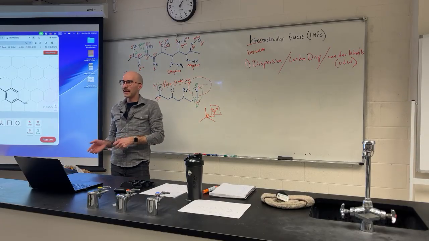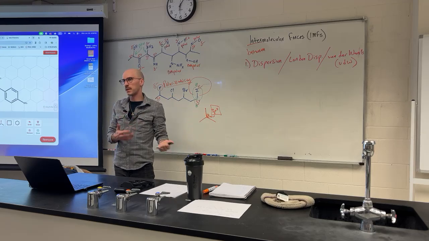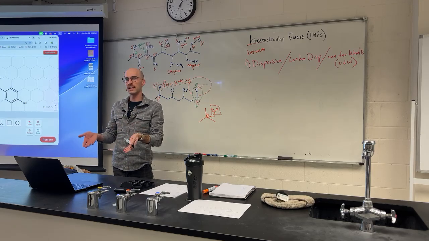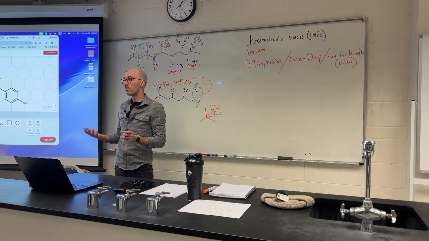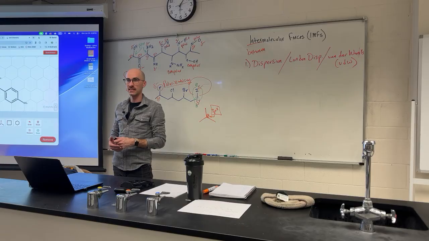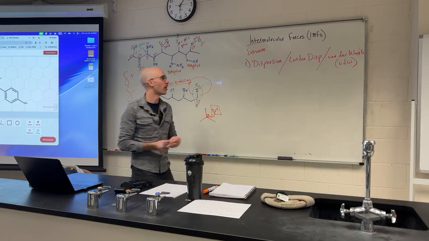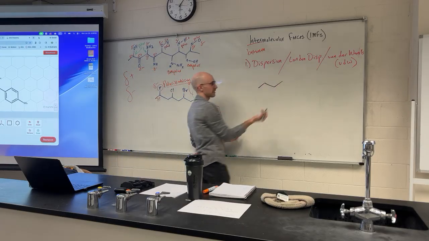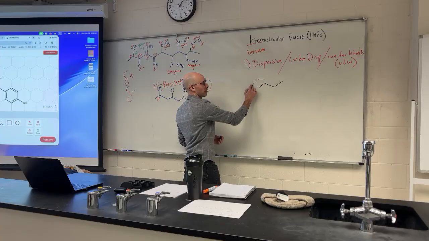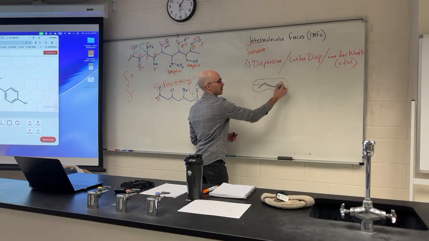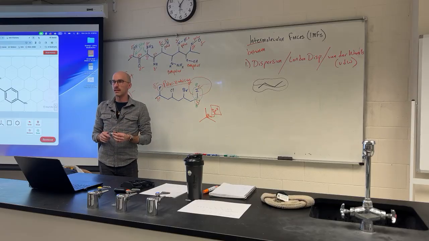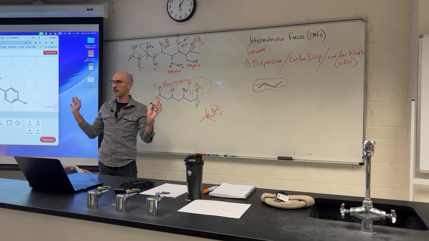I don't necessarily like things that are named after people because it doesn't really tell you what's happening. So dispersion works a little bit better at explaining why the force exists. At any given time in a molecule, let's say this molecule, its electron cloud, which I'll show as this 3-dimensional shape, may not be uniformly distributed.